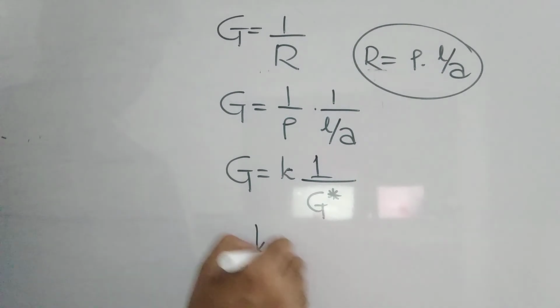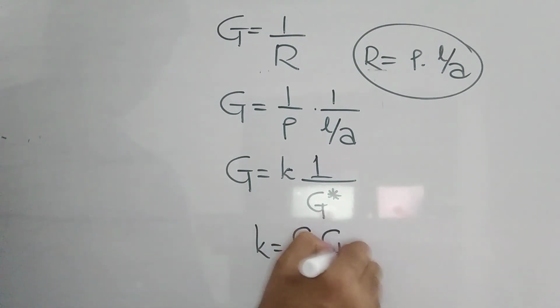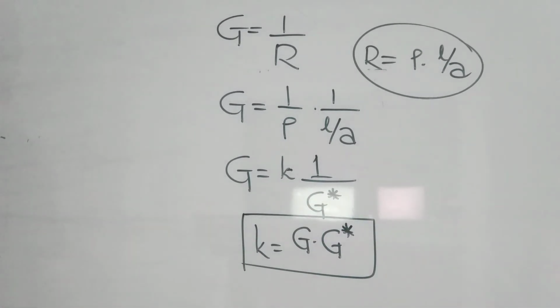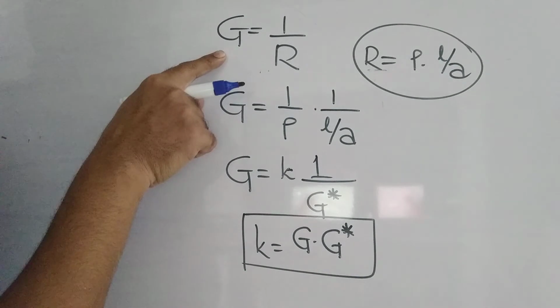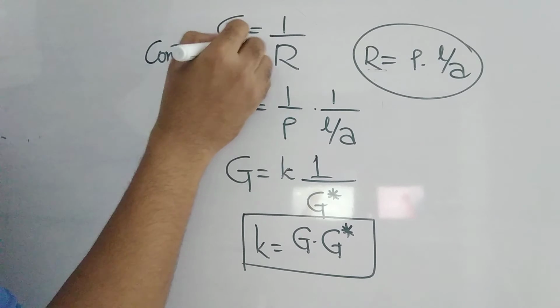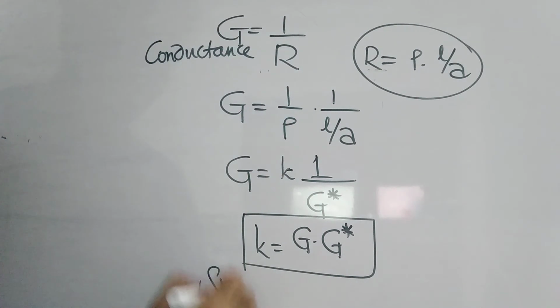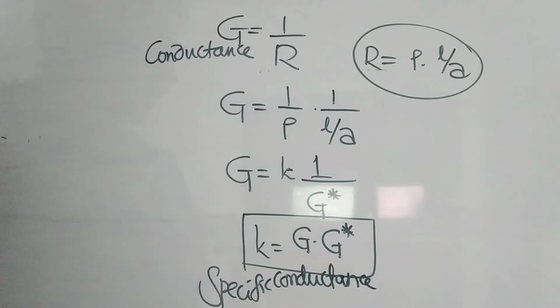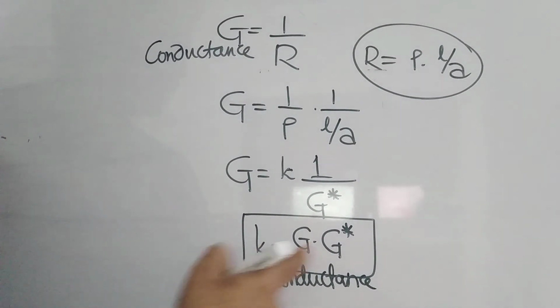So kappa K is equal to G into G star, where G is conductance and K is specific conductance, or you can say conductivity. Kappa K is conductivity, you can say G into G star.